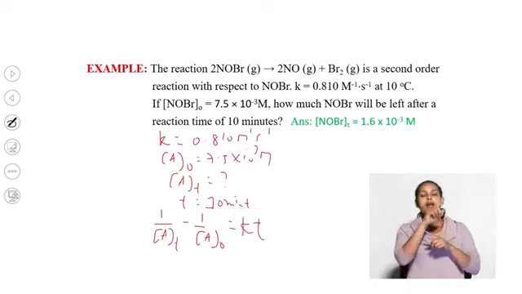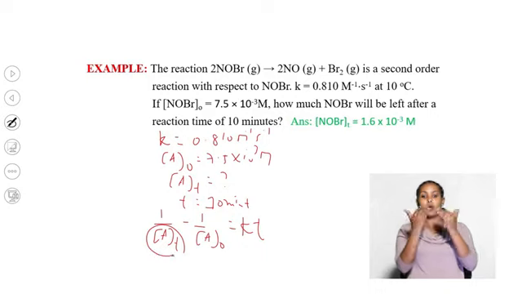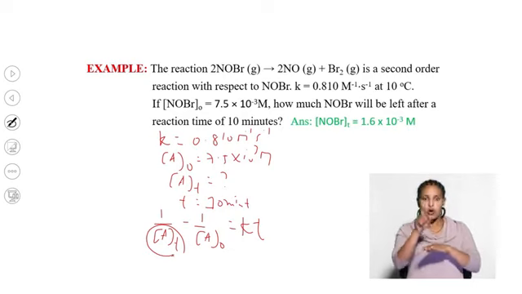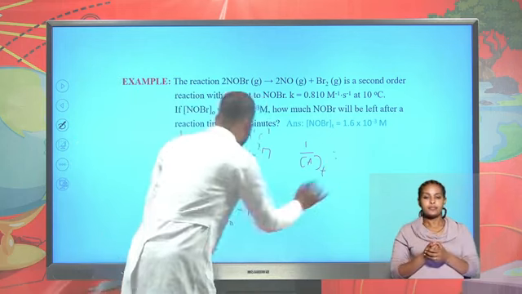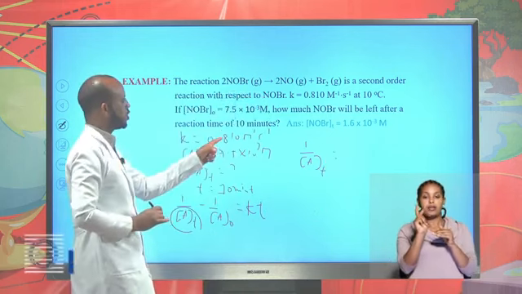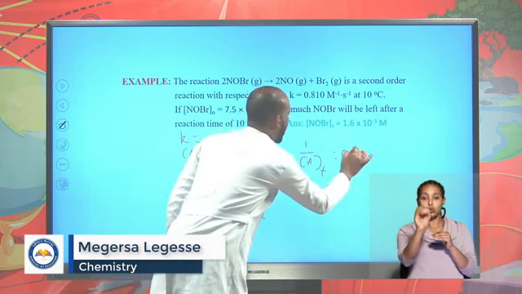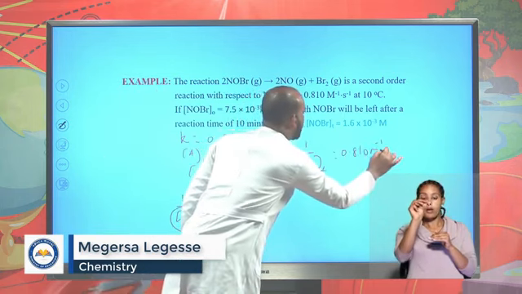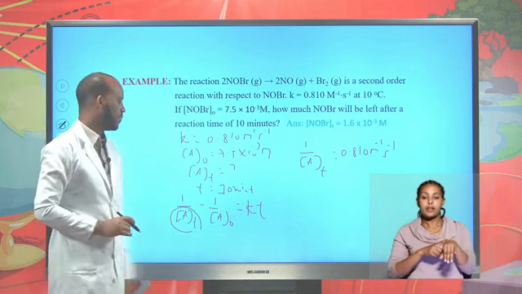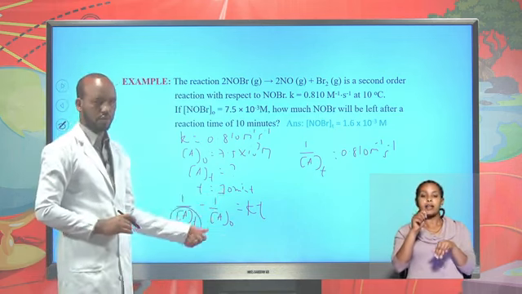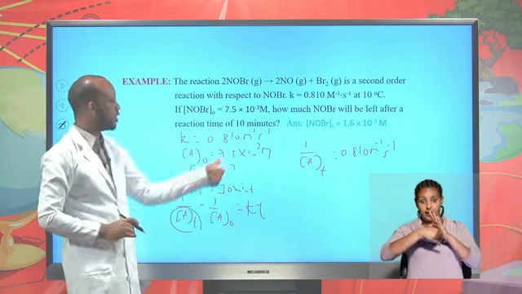You are asked to calculate the concentration of NOBr after 10 minutes. 1 over the concentration of M after 10 minutes equals K, which is 0.810 per molar per second, times t in seconds. 1 minute is 60 seconds.